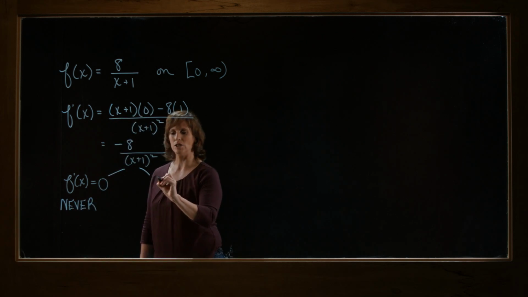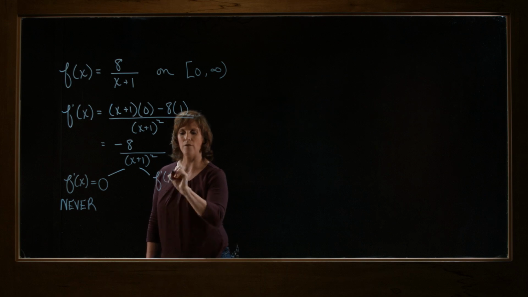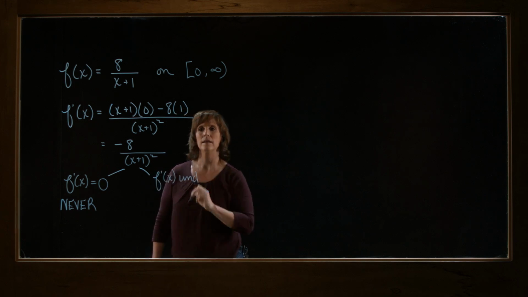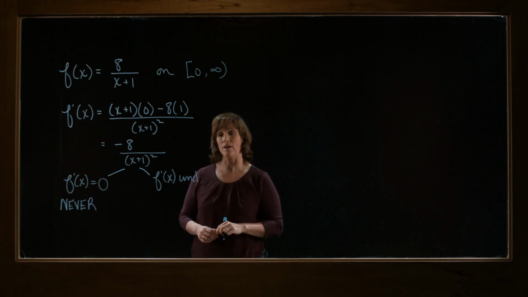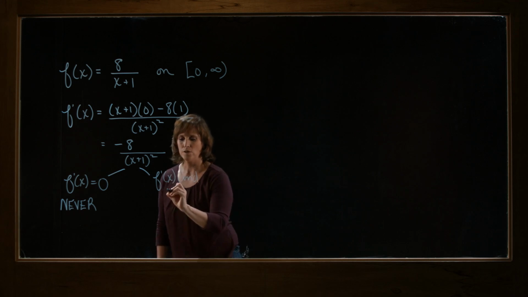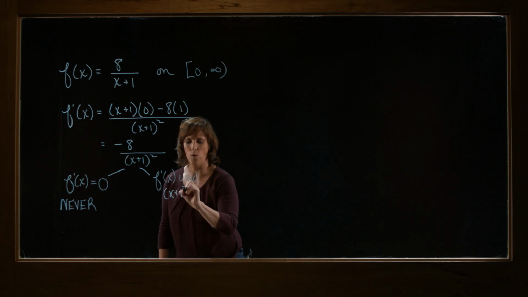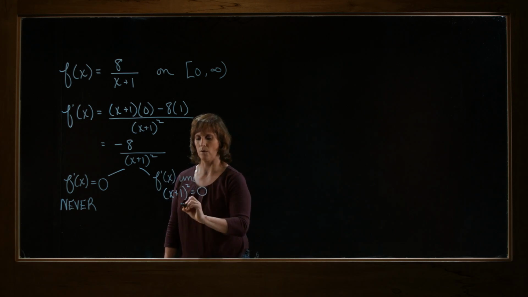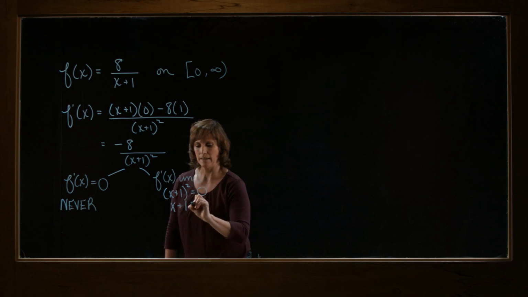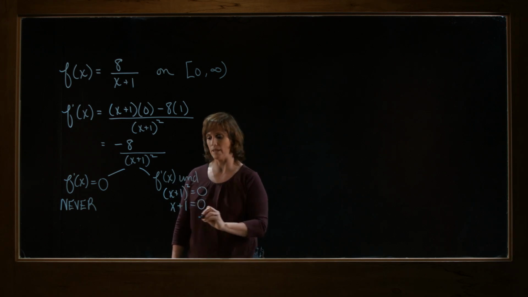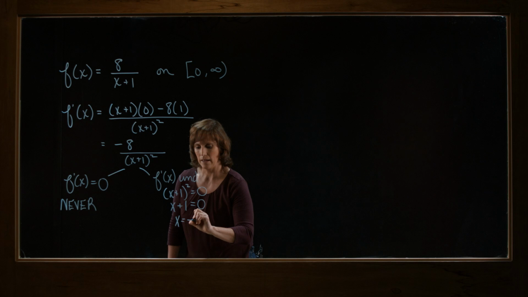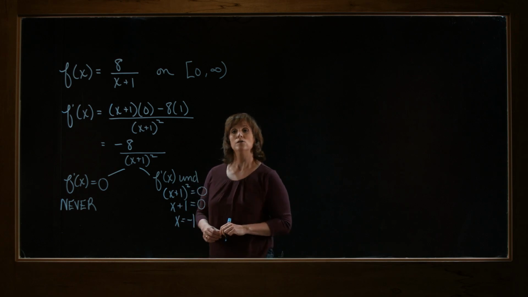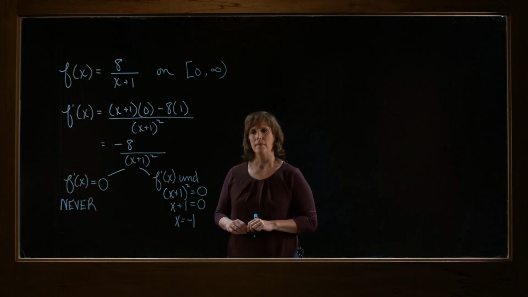But we also need to check when the derivative is undefined. This happens when the denominator is equal to 0. So what happens when x plus 1 quantity squared equals 0? Well, that leads to x plus 1 being equal to 0, which means that x equals negative 1. So negative 1 is a critical number.